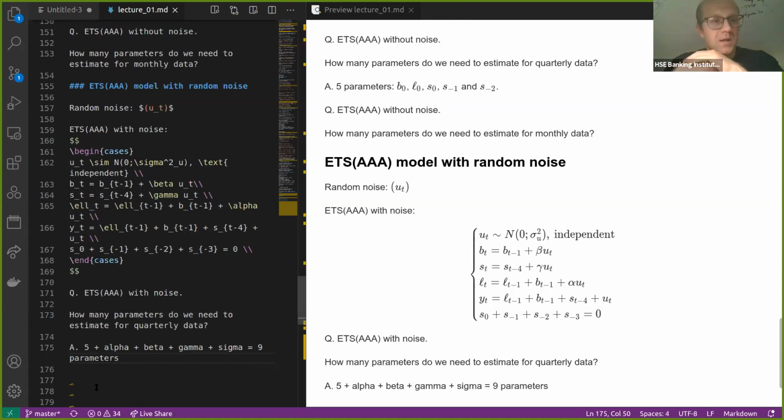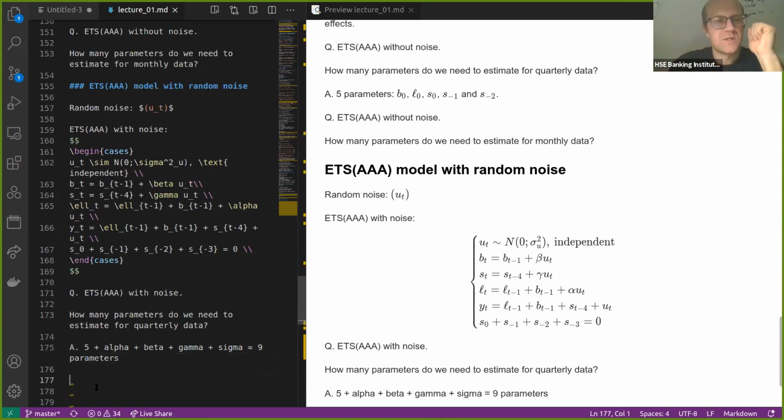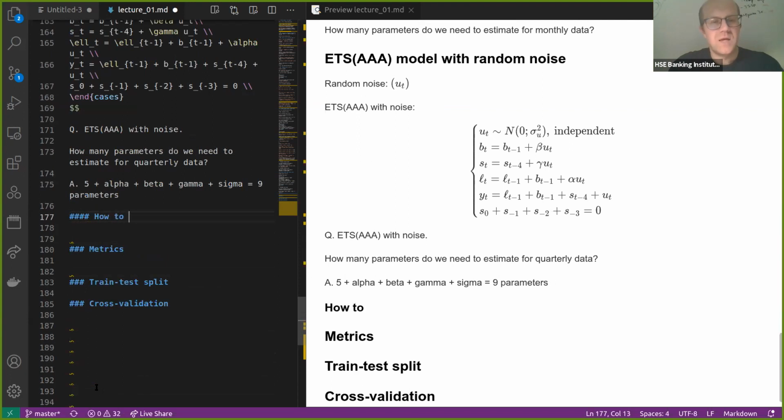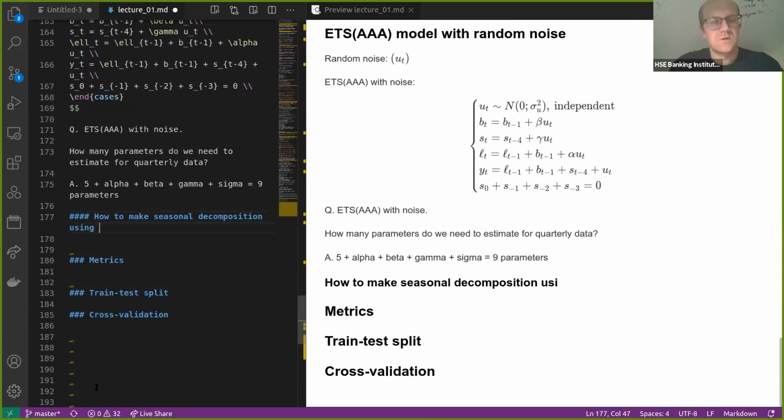Okay. Now we will use this. So after a break, we will continue. Let's have 10 minutes. And after 10 minutes, what's the plan? We will understand how to make seasonal decomposition using the estimated ETS model.